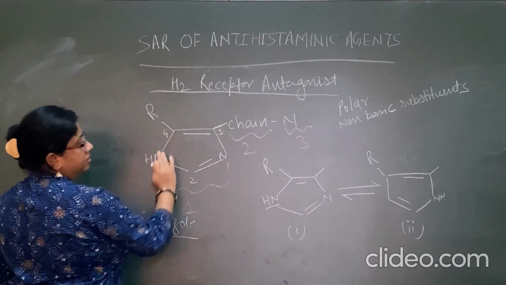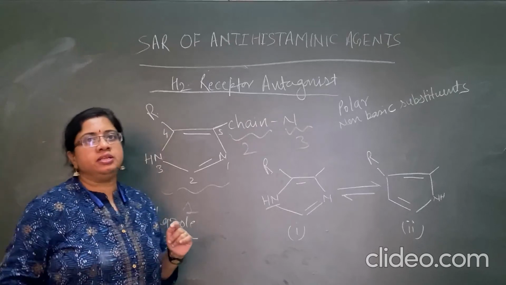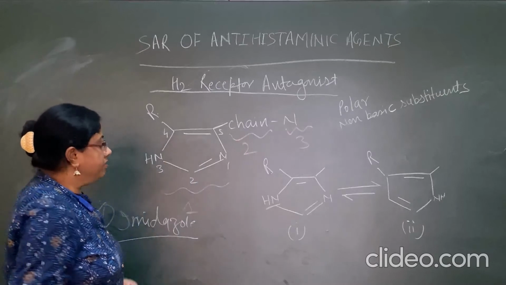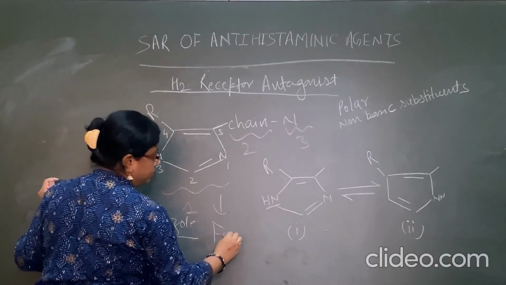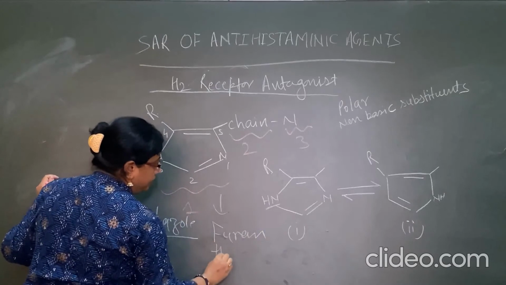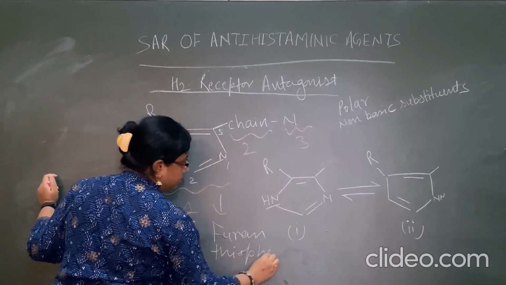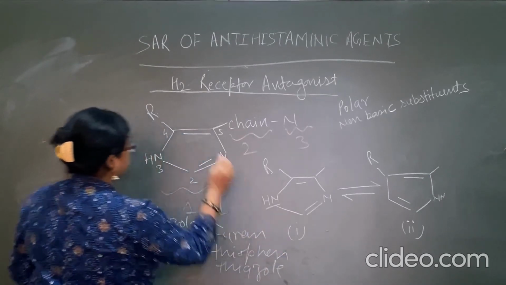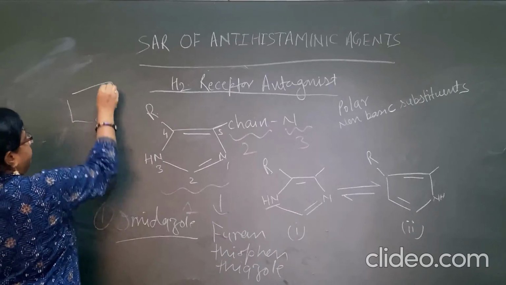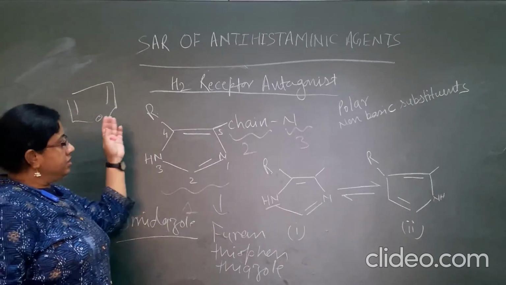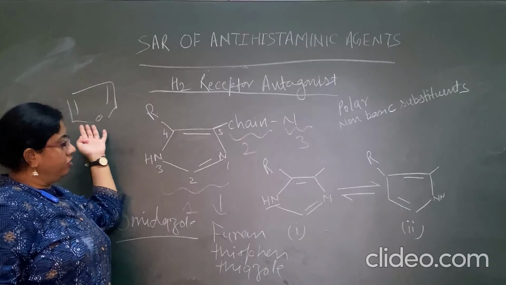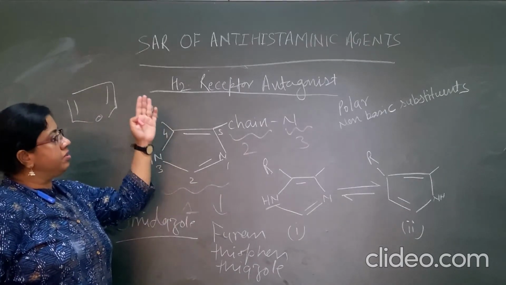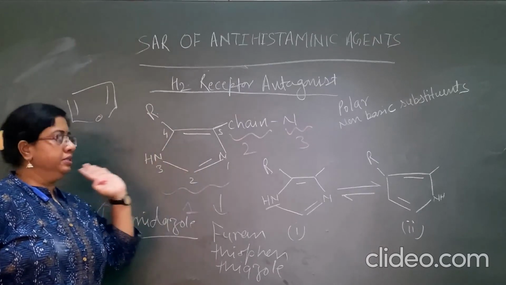This imidazole ring is not strictly necessary for H2 receptor antagonistic activity. It can be replaced by furan, thiophene, or thiazole. See the structure of furan. So it can be replaced by thiophene, furan or thiazole. It is not necessary that all H2 receptor antagonistic drugs contain an imidazole ring.